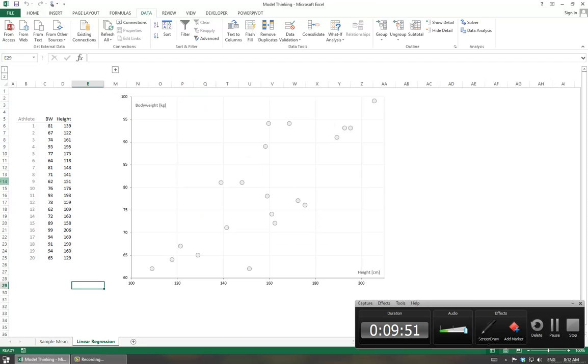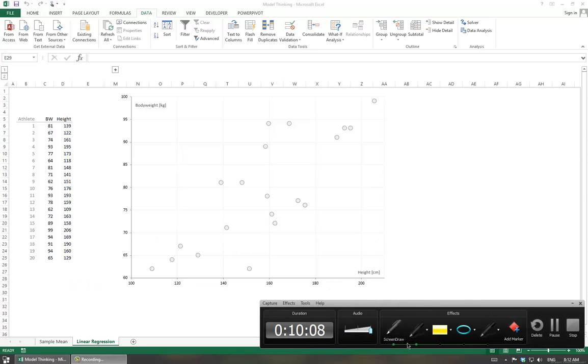Similar thing with regression. We have two variables, body weight and height, and we want to try to find a correlation between them, or basically a linear function. So what we're trying to do is to try to find a line through these points, and also minimize the errors.